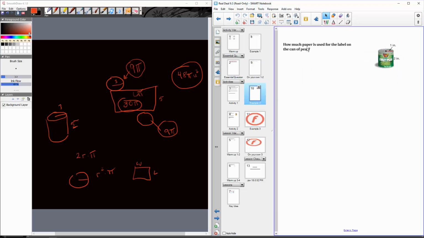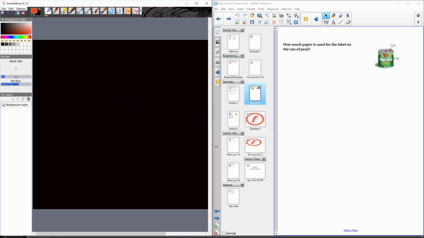Example 2, it says how much paper is used on the label. So for this one, I don't want the top, I don't want the bottom. I just want to know what this label is equal to. So I'm going to get rid of these things up here, right? I just want this middle piece. And in order to do that, I'm just going to do my circumference of the top, which would be 1 plus 1, which is 2 pi.